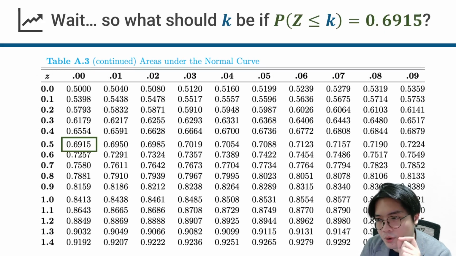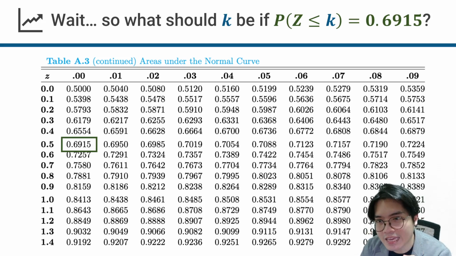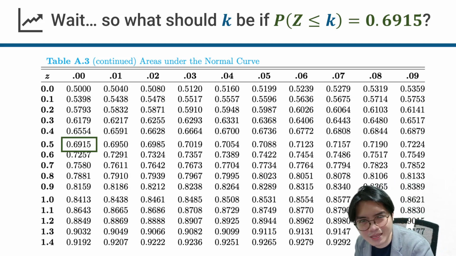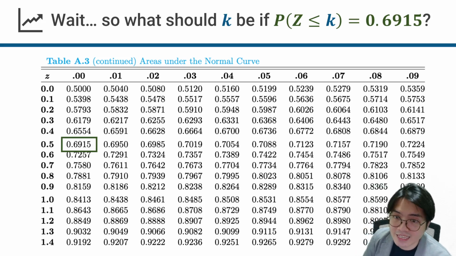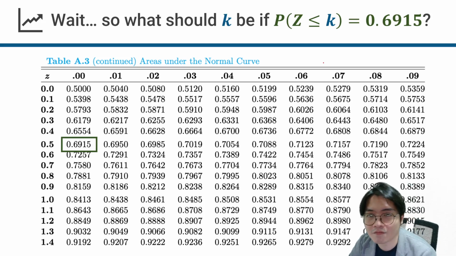Now, what about other things? What about more dubious kinds of questions like this one? So what should K be if Z less than K is 0.6915? What does that mean? What should K be if Z less than this score is 0.6915? Well, we are asking now a reverse of the question.